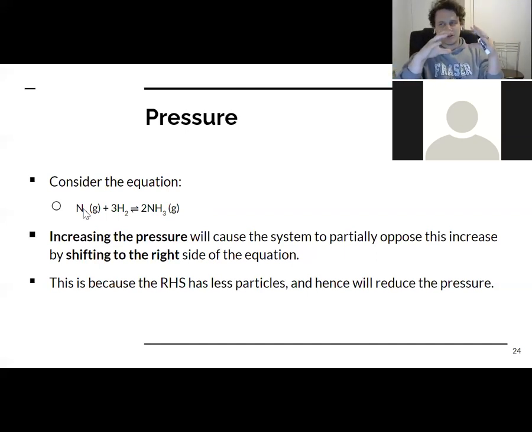And eventually the pressure goes back to normal and the equilibrium is balanced again and everyone's happy. So the right-hand side has fewer particles. So if it starts producing this from this, the pressure will come back down.